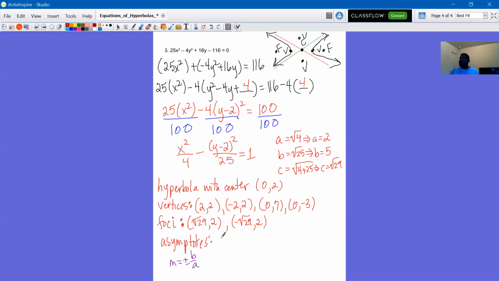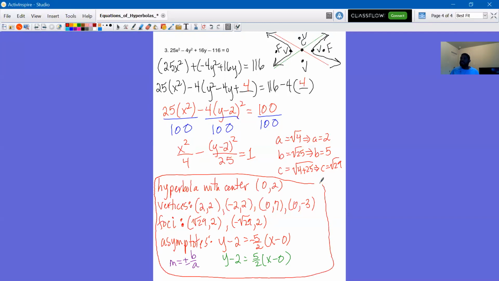So one of your lines is going to be y minus 2 equals negative 5 over 2 x minus 0, and the other one is y minus 2 equals 5 over 2 x minus 0. That is the description of the hyperbola.